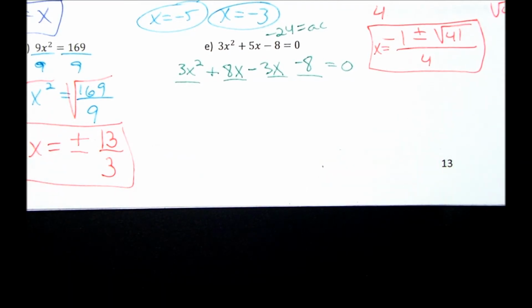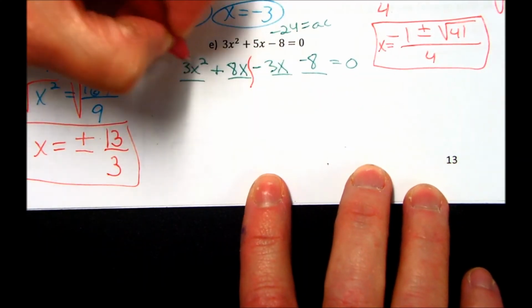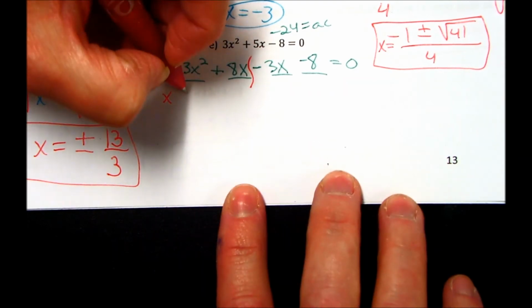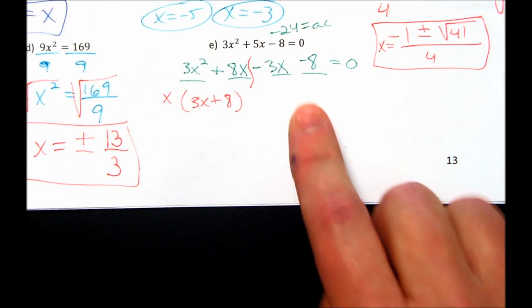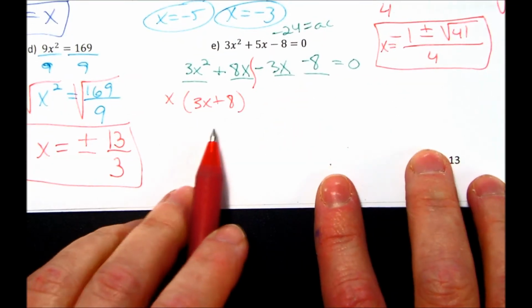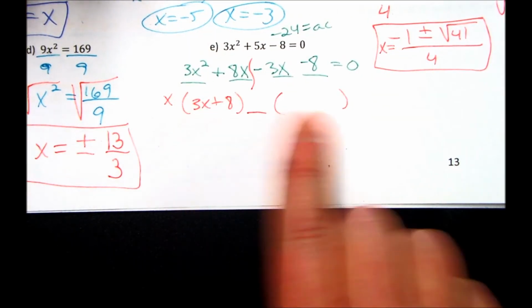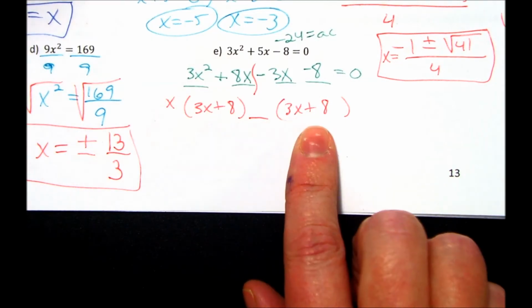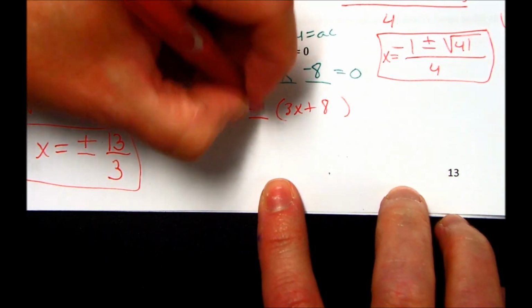So when you factor by grouping, you separate the first two terms from the second two and factor out whatever you can from the first two terms, which will be x, which leaves us with 3x plus 8. And then over here, we want to factor out something so that we end up getting the same thing as we had here. So if we had a 3x plus 8 and we want to get a 3x plus 8 here, we're going to have to factor out a negative 1.